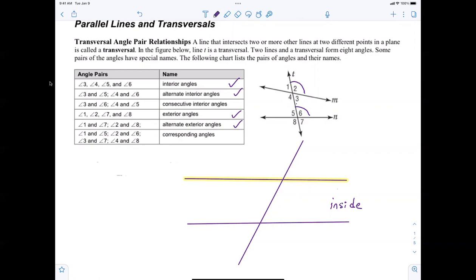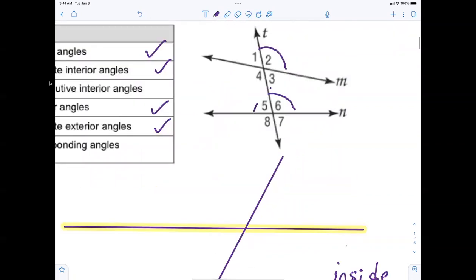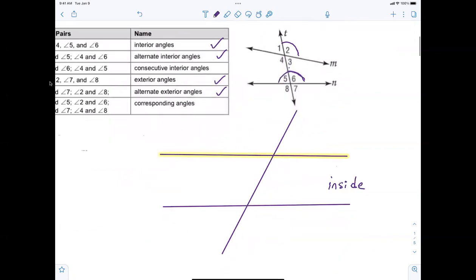And honestly, we did a whole unit in pre-algebra on this, so this isn't a mystery. And we all know that angles 5 and 6 add up to what? 180. Does anybody remember the rules for parallel lines cut by a transversal? What's true about all of the acute angles? They are equal.